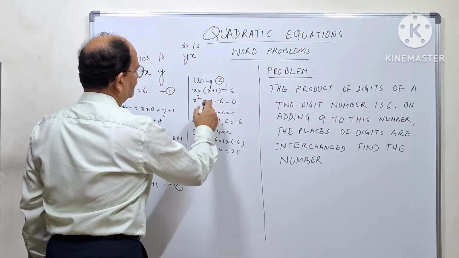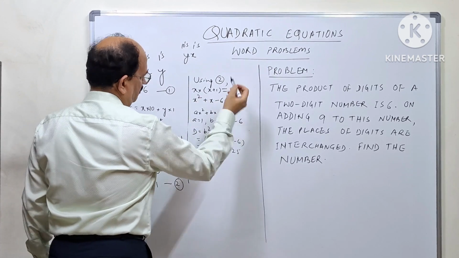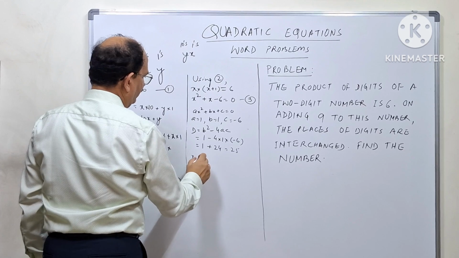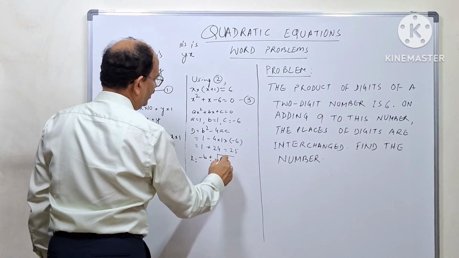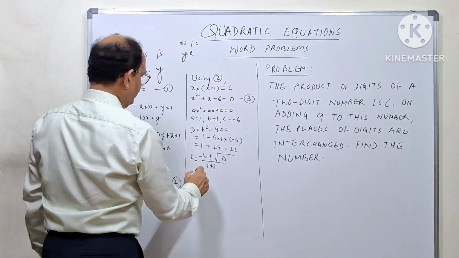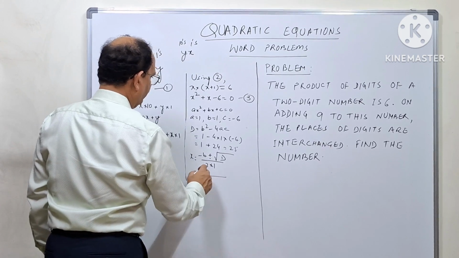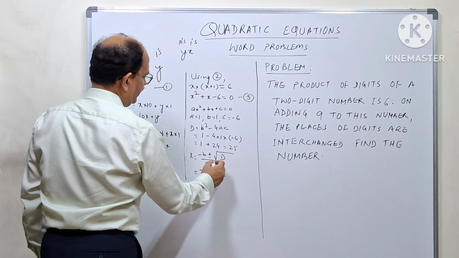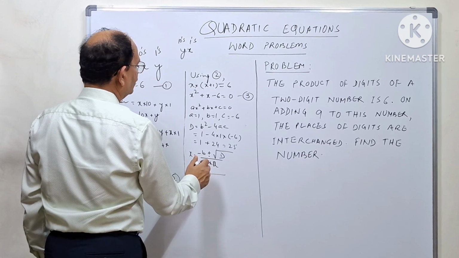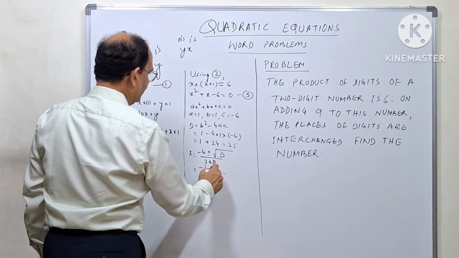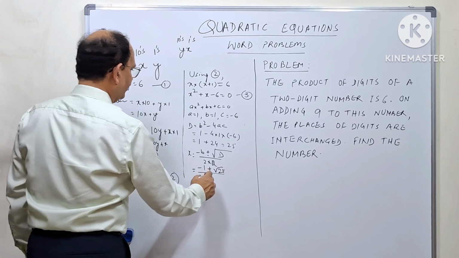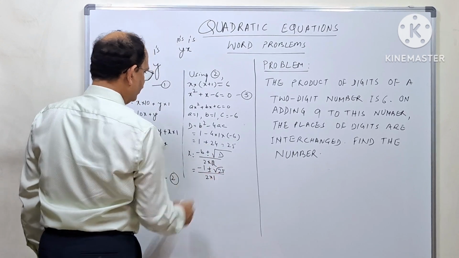Therefore, the solution of this quadratic equation, let me term it equation 3, will be equal to minus b plus minus square root of d divided by 2 times a. Now we can put the values directly. So minus b is minus of 1 plus minus square root of d, which is square root of 25, divided by 2 into a, which is equal to 1.